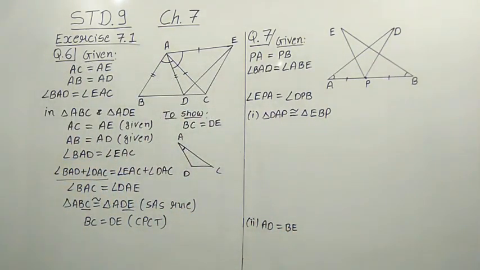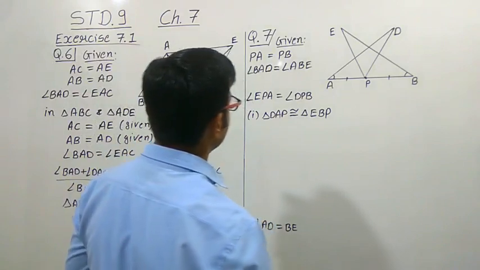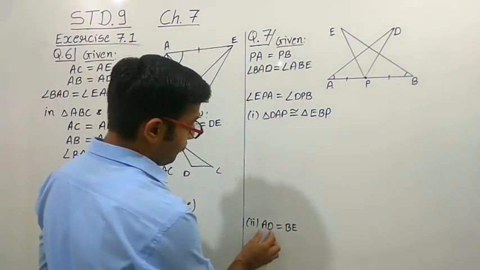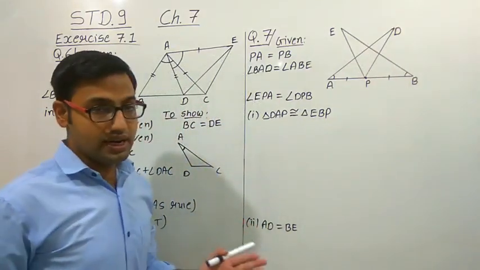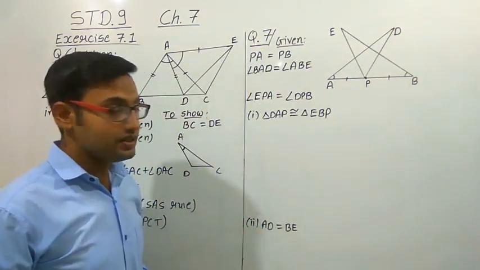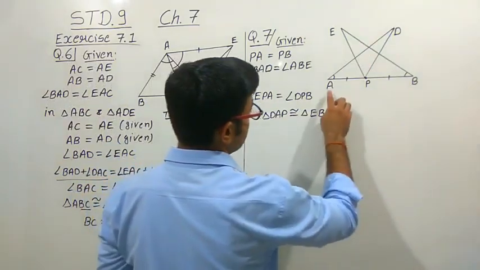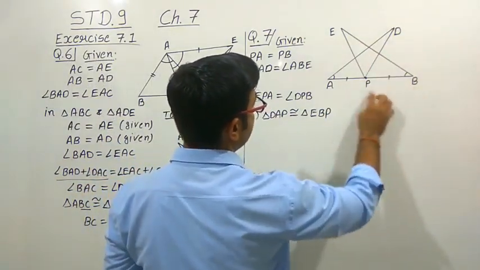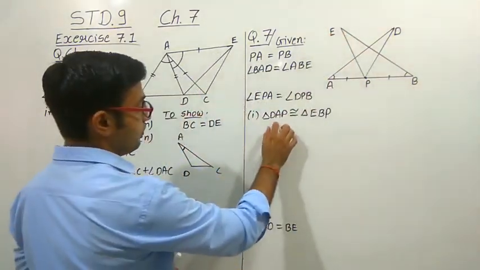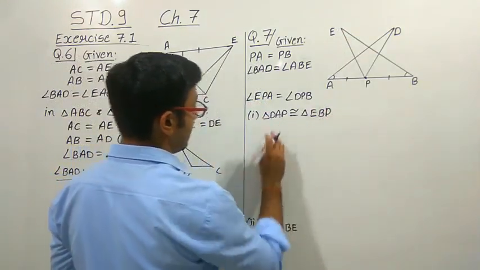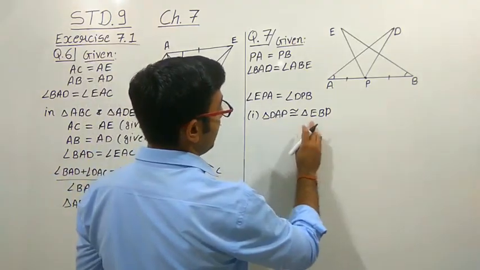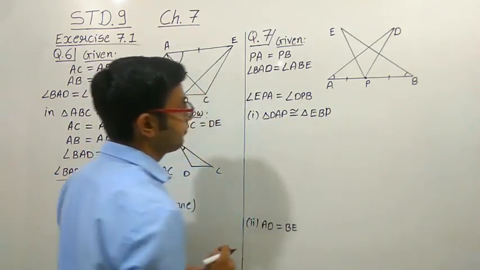So see, here if we want to prove AD and BE are equal, that means we have to take the two triangles in which these two sides are considered. So we can take one of the triangles as APD and the second one as BPE. Here also the two triangles we have to prove congruent are DAP and EPB.